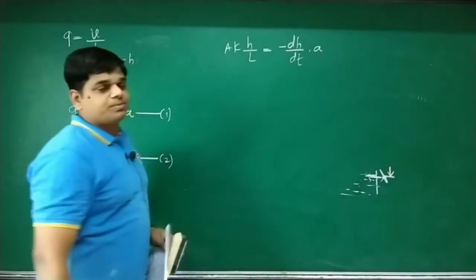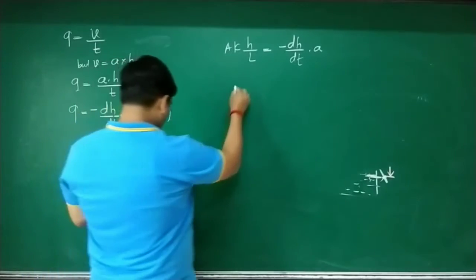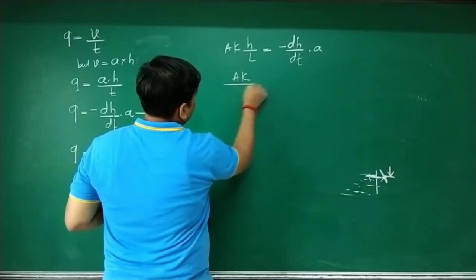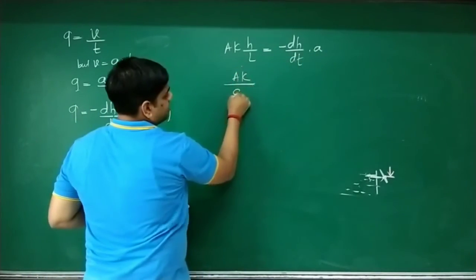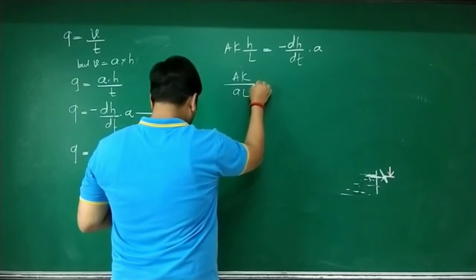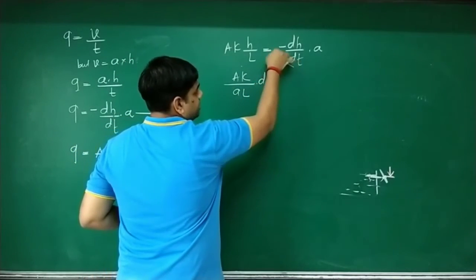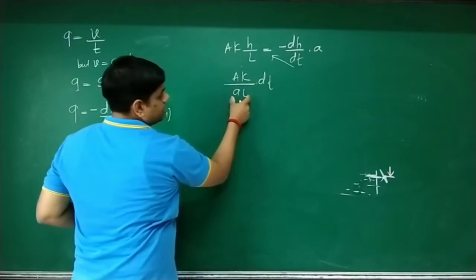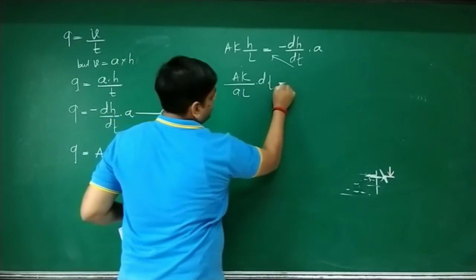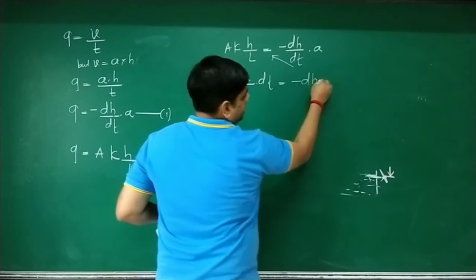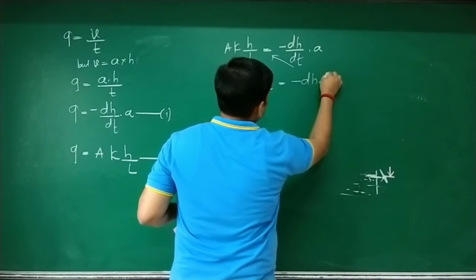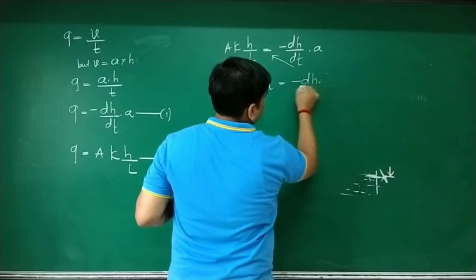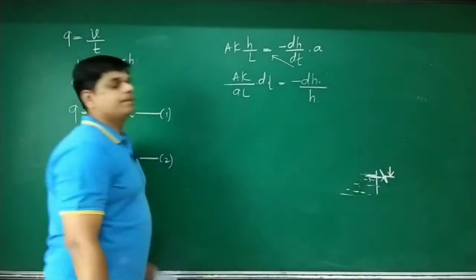Now I am going to transfer the terms. Look at the board. This A comes to the left hand side, so AK by AL into dt. This dt is transferred to the left hand side. AK by AL dt is equal to minus dH divided by H. Okay.